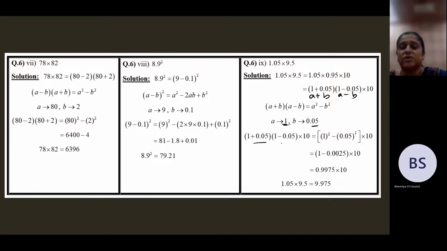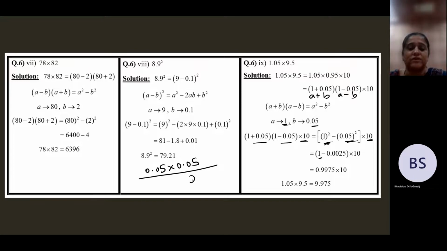So a plus b into a minus b, this into 10, is equal to a square minus b square into 10. So this one is 1 and this one is 0.05 into 0.05. 5 fives are 25.